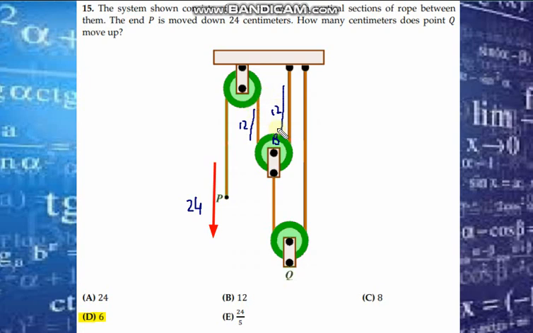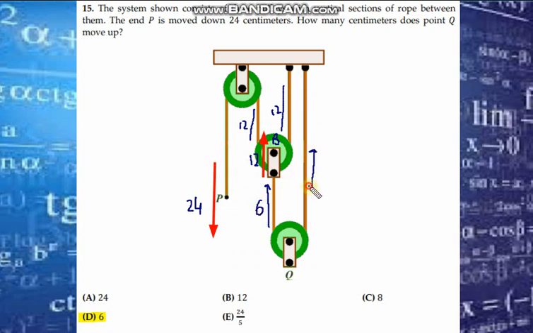And when both ropes shorten by 12 centimeters each, the pulley B is going to move upwards by a total of 12 centimeters. Now the same case is with the pulley Q. When pulley B moves up by 12 centimeters, both sides of pulley Q are going to shorten by 6 centimeters each.